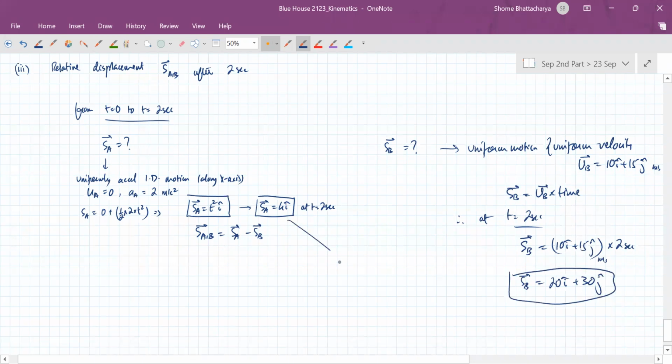So now using this value and this value, the relative displacement of A with respect to B will become the difference of these. So that will become minus 16 i cap plus 30 j cap in meters.